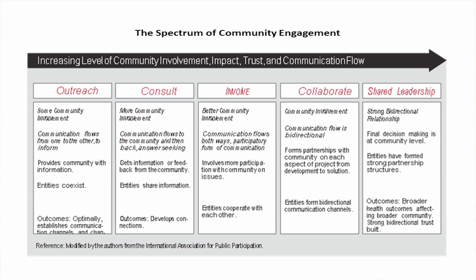Here the communication flows from one point to the other in the form of informing. The person who has started the community for the well-being of a particular group will start sharing information relevant to the community or their well-being.